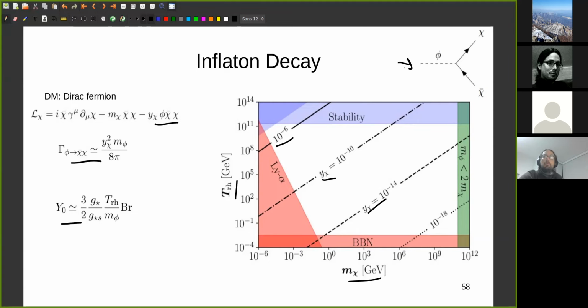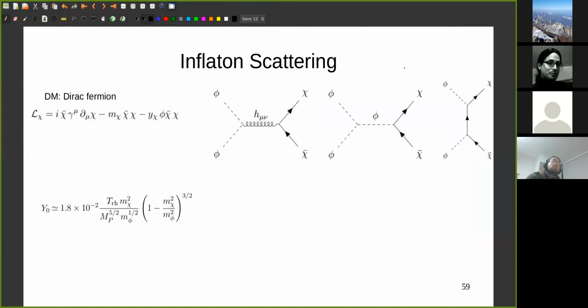But I was telling you that that's not the only channel possible in this model. So you can have UV production, FIMP UV production during inflation via the inflaton scattering. So again, inflatons can scatter into dark matter particles via the s-channel exchange of the graviton, the s-channel exchange of an inflaton, or the t-channel exchange of a dark matter particle, right?